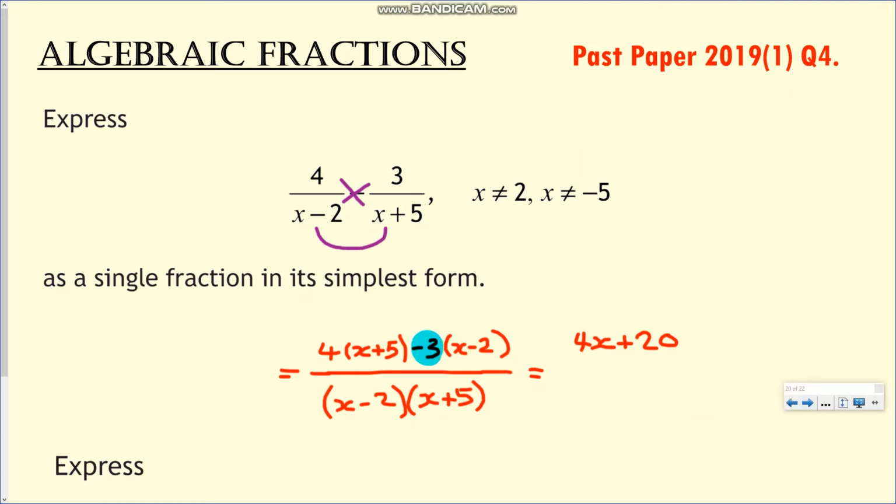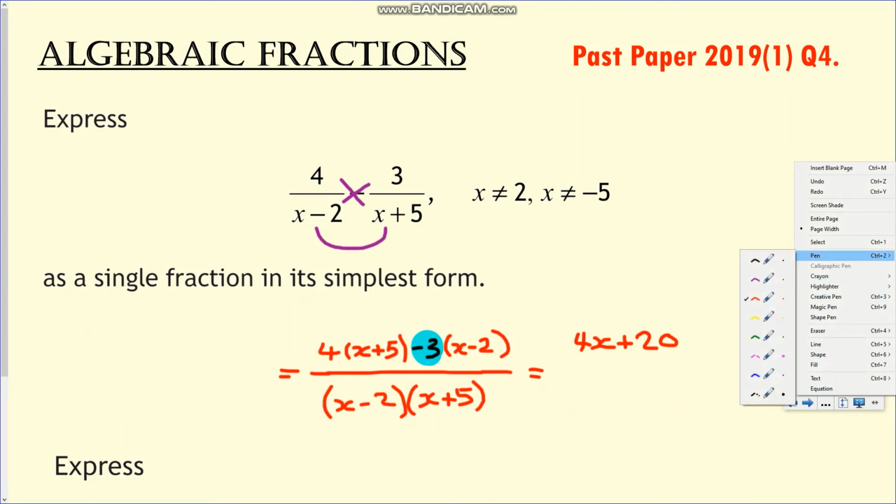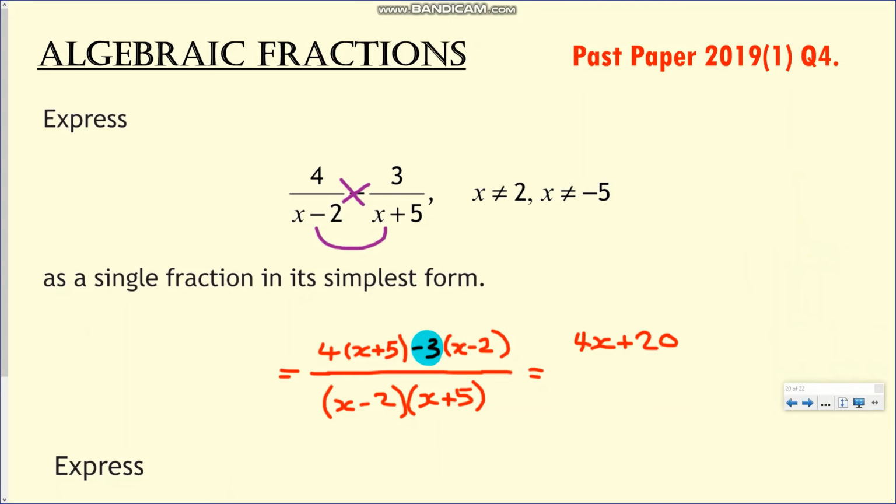Okay, that negative sign has to be taken into account as well. So the next two terms are negative 3 times x, which is negative 3x, and negative 3 times negative 2, which gives us plus 6. Be careful with those double negatives.